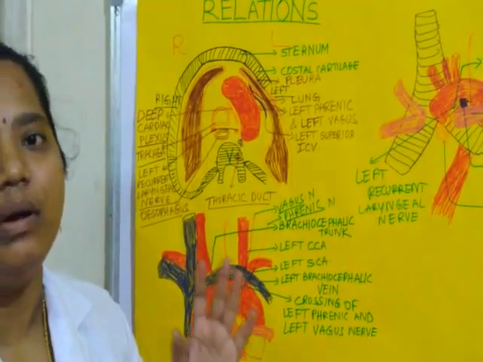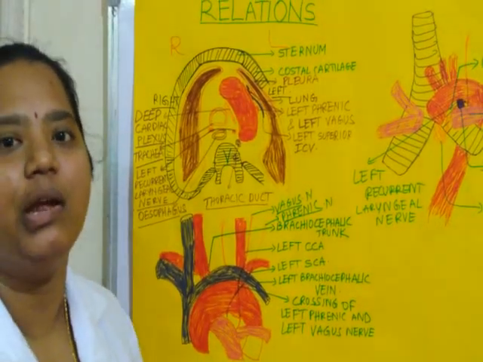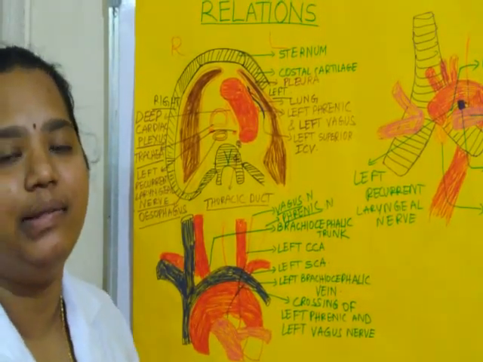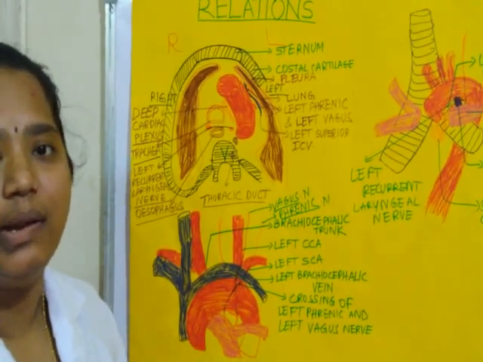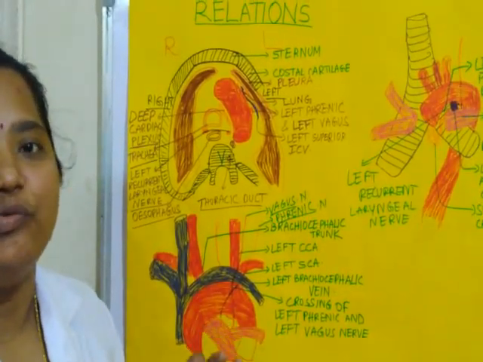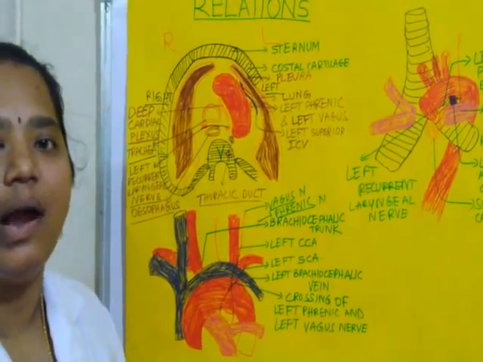What are the 4 nerves? Left phrenic nerve, left vagus nerve, and the third one is one branch from the left vagus, that is inferior cervical cardiac branch.